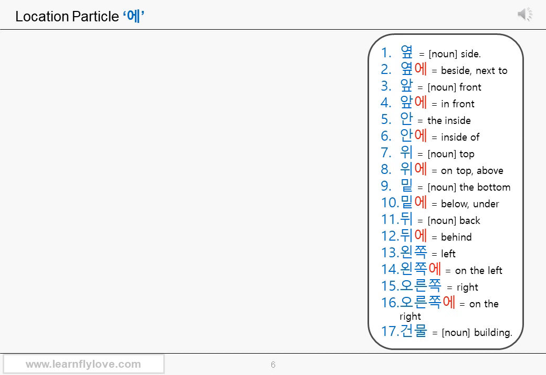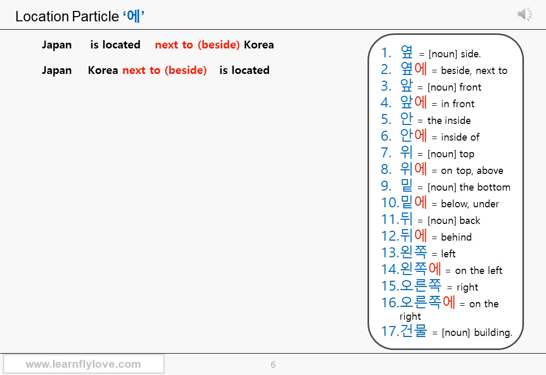Let's take a look at the vocab box on the right first. The first noun, 옆, means aside. If you add a particle 에, it becomes 옆에, and it means beside or next to. Let's see the example. Japan is located next to or beside Korea. Japan, Korea next to, is located.